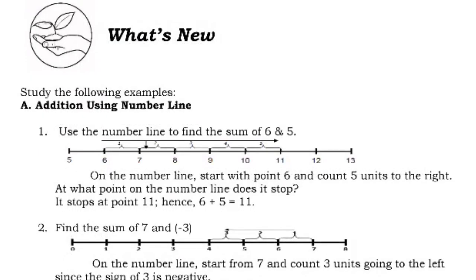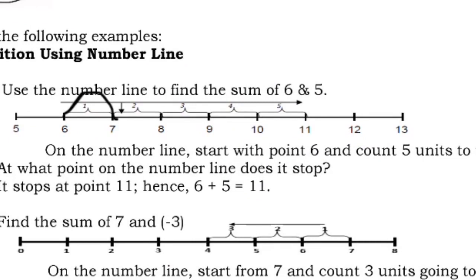Next is what's new? A, addition using number line. Use the number line to find the sum of 6 and 5. If you have seen in the illustration, the arrow starts from 6, then you're going to count 5 units to illustrate plus 5.